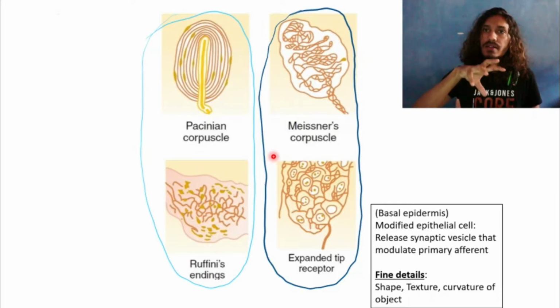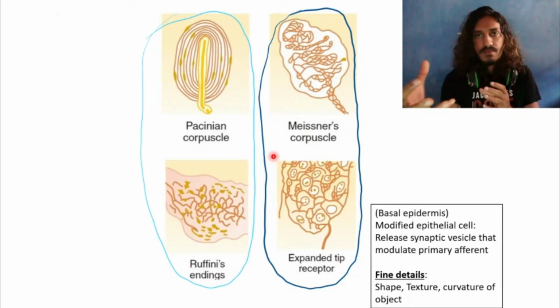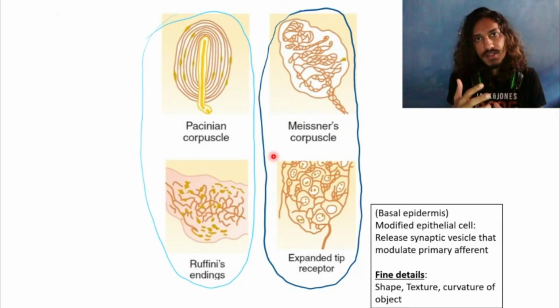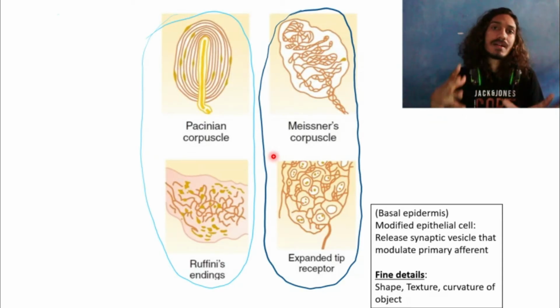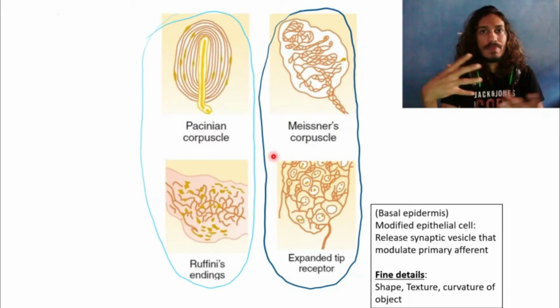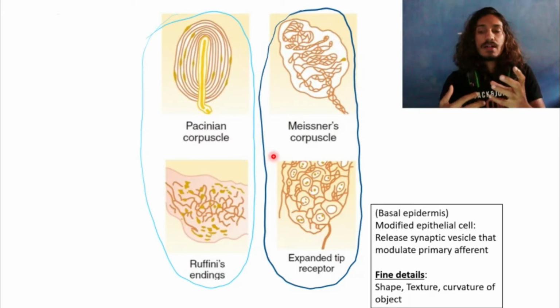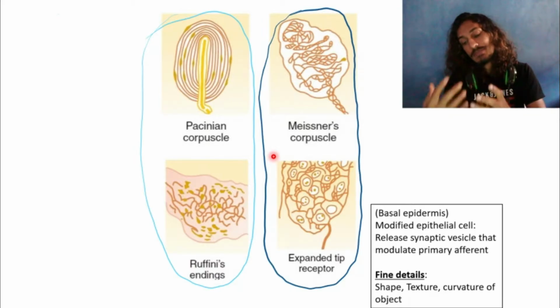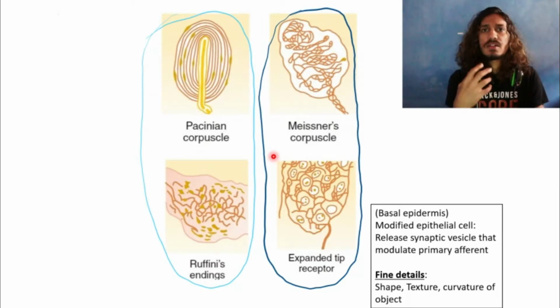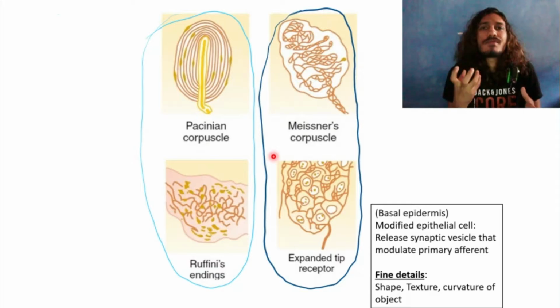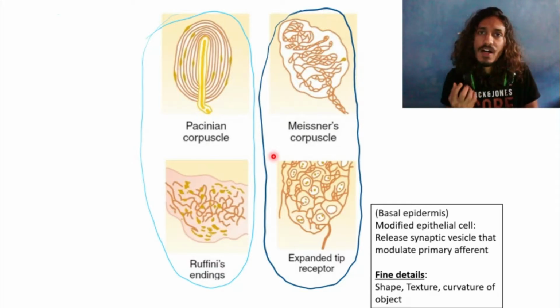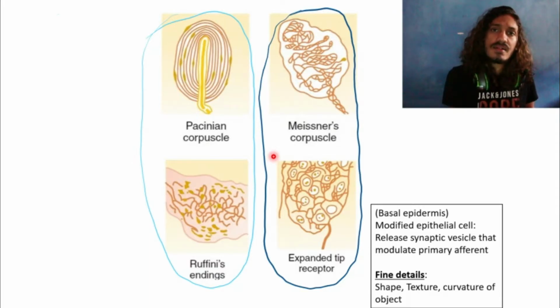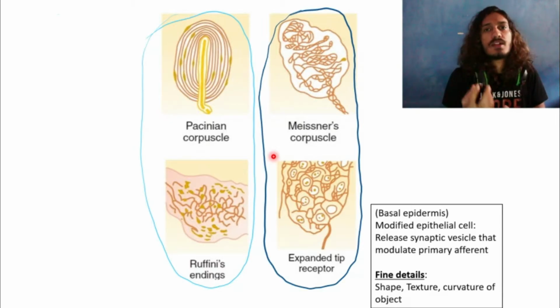They have a modified sort of epithelium, and then there is a Merkel's cell involved. When touch sensation happens on the Merkel's complex, these epithelial cells which have been modified end up secreting neurotransmitters. They seem to have synaptic vesicles in them, which get released and stimulate the Merkel's cell.